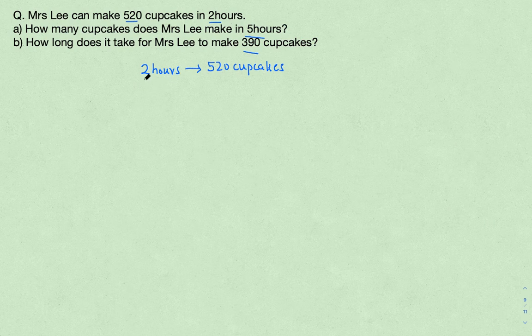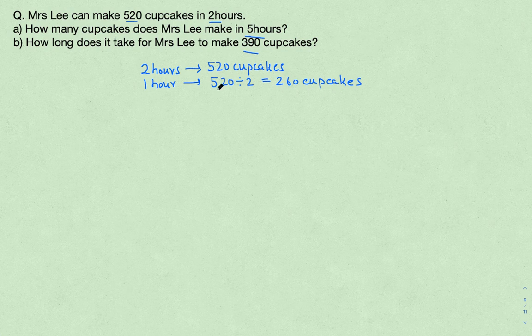So in 1 hour she will be able to make 520 divided by 2. That will give us 260 cupcakes. So the rate at which she is making the cupcakes is 260 cupcakes per hour.